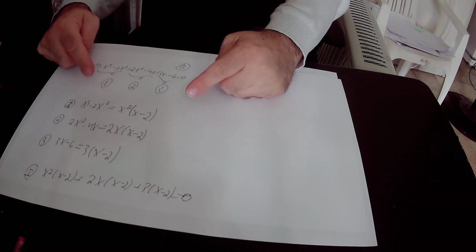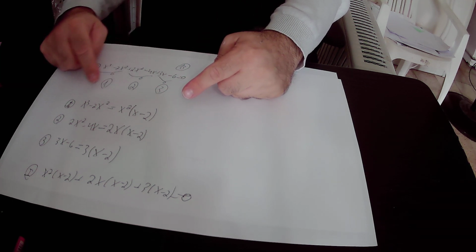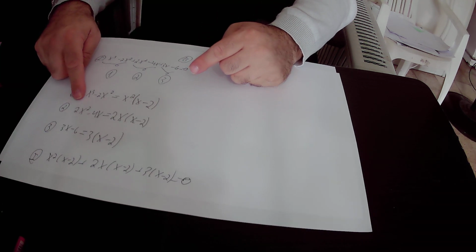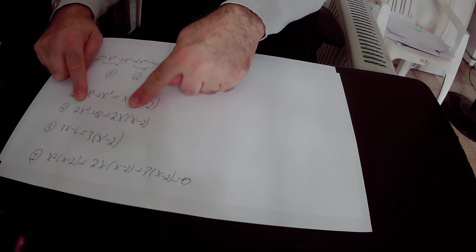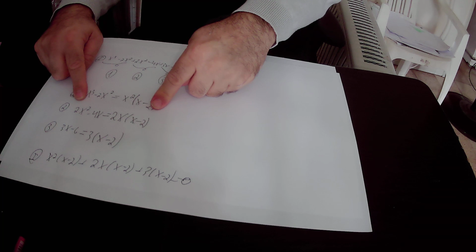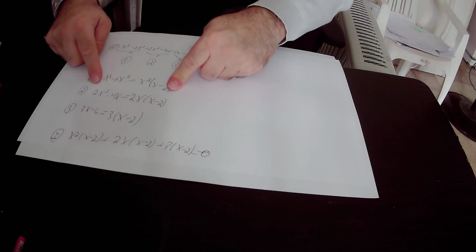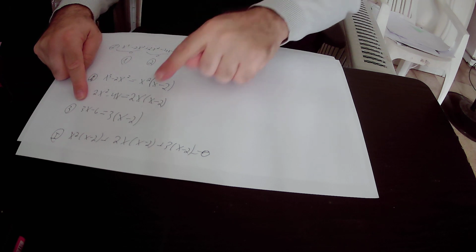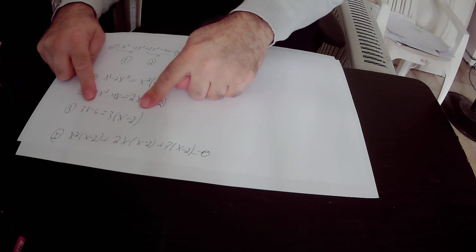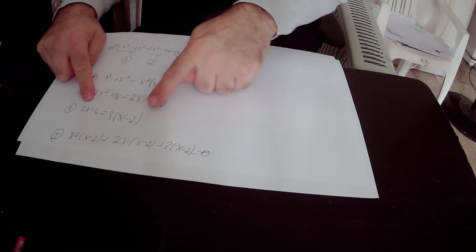From the second part of equation number 2 we took a common factor of 2x, and what is left inside the bracket is x minus 2. And from the third part of equation number 1 we took a common factor of 3, and what is left inside the bracket is x minus 2.